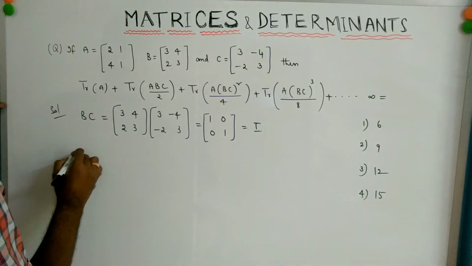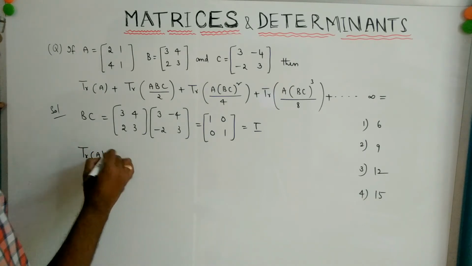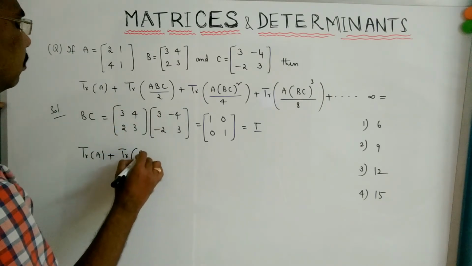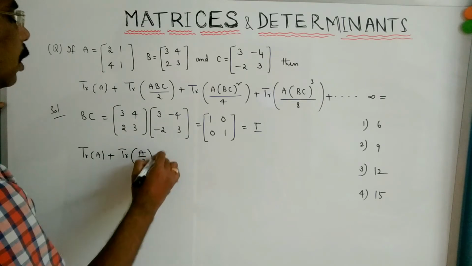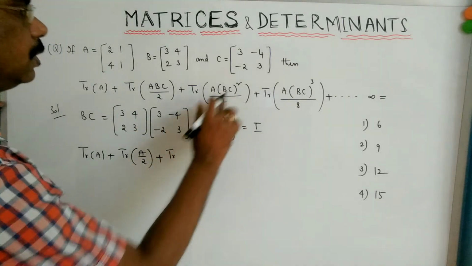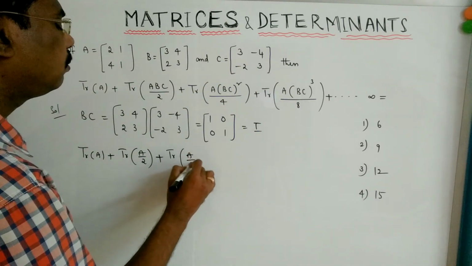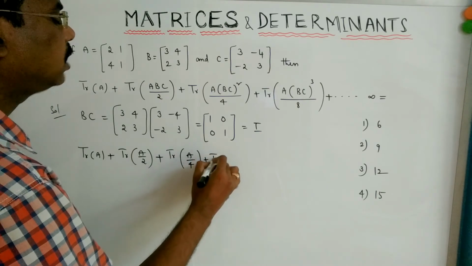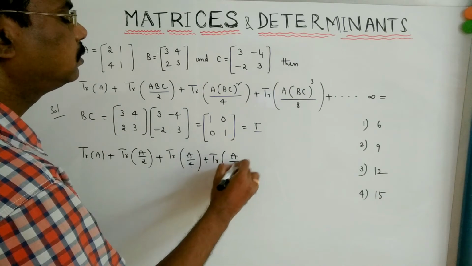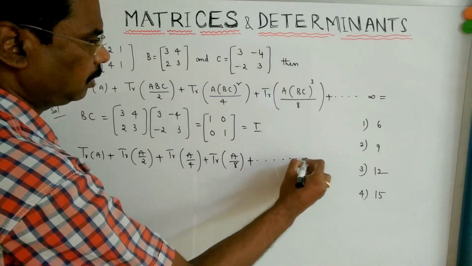Now trace of A plus trace of A by 2 plus trace of I square, value is I, A by 4 plus trace of A by 8 plus up to so on infinity.